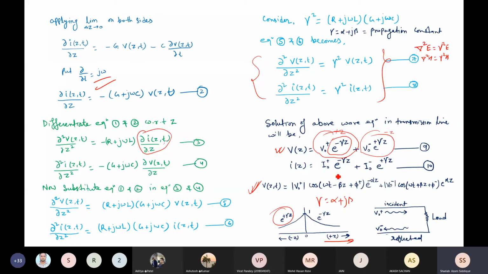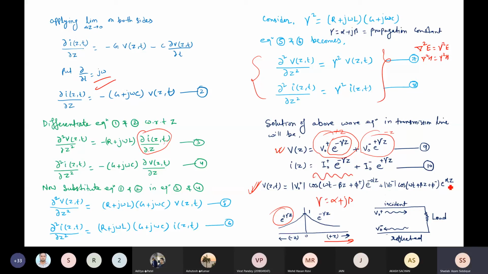So e to the power minus gamma z will become e to the power minus alpha z into e to the power minus j beta z, and of course we'll have omega t also. So omega t minus beta z comes out to be a cosine function. That will be the wave which is traveling through this transmission line.